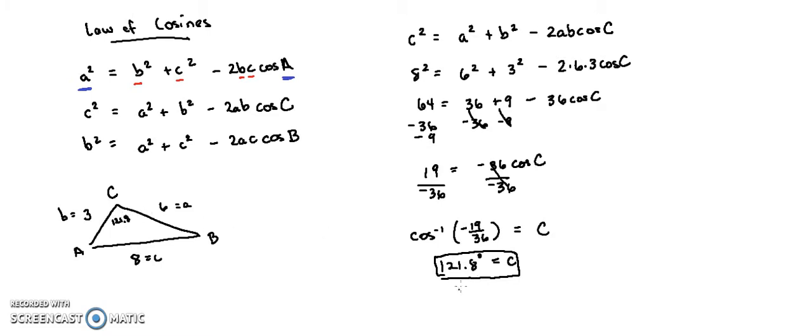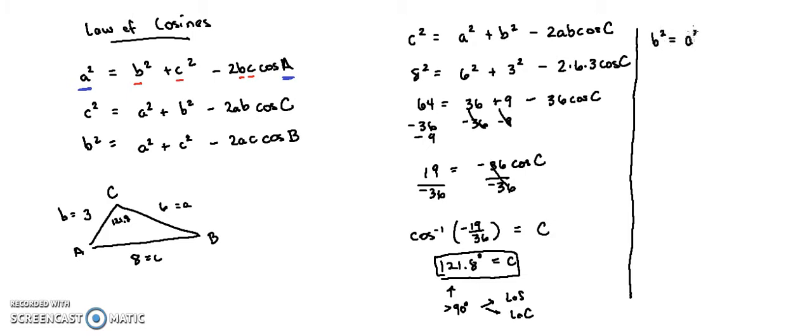Now from here, since this is greater than 90 degrees, we could use law of sines, or we could use law of cosines. Since we're practicing law of cosines, we'll go ahead and do the next one by law of cosines, but you could do either. It doesn't matter what we go for next. Let's say we want to go for angle B, then we would use this version.